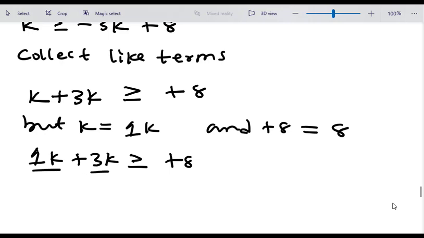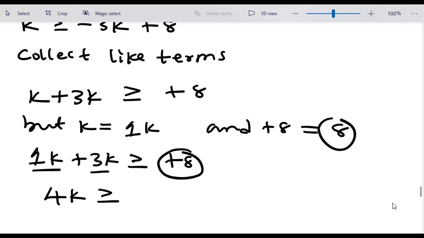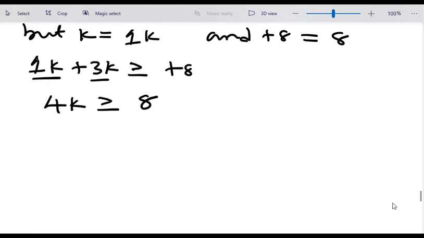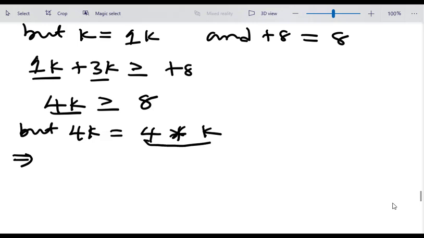So this plus this will give us 4k greater than or equal to, in place of this, we replace it with 8. But keep in mind that 4k is the same thing as saying 4 multiplied by k. So in place of this, we replace it with this. We have 4 multiplied by k greater than or equal to 8.